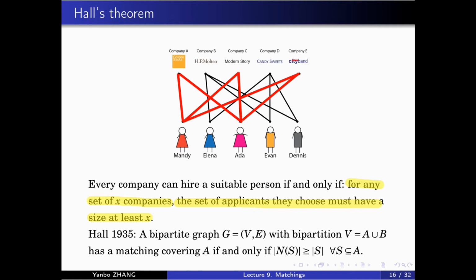A bipartite graph G = (V, E) with bipartition V = A union B, where A is one part and B is the other part, has a matching covering A if and only if for any subset S of A, the size of the neighborhood of S is greater than or equal to the size of S. This is Hall's theorem.